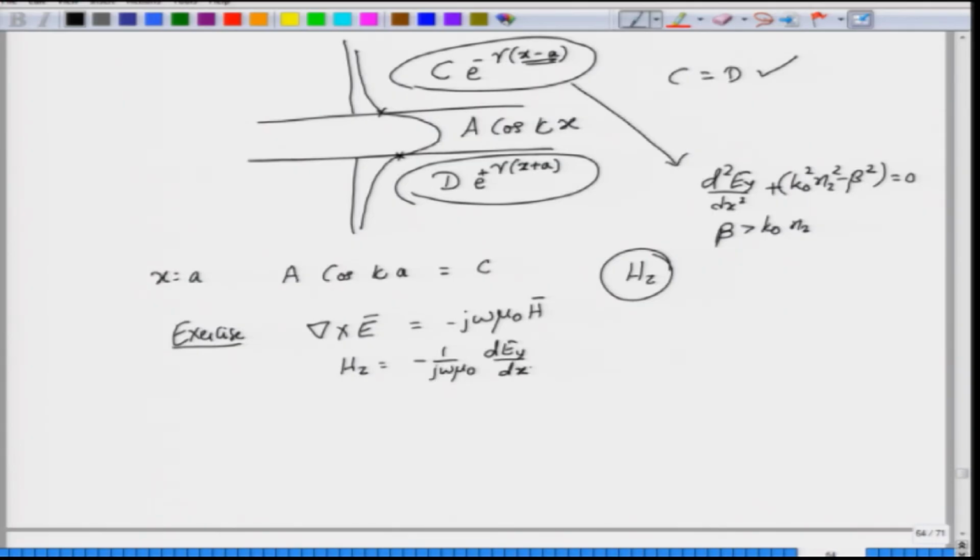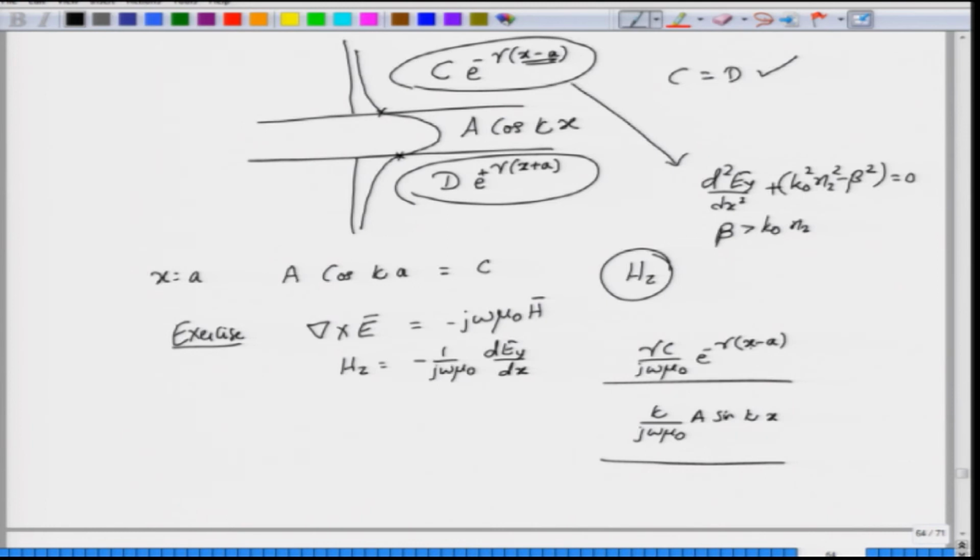So, you can show that this is what you are going to get, and once you know the expression for Hz, and you know the expression for Ey in the core and cladding separately, you can differentiate it. So, for the magnetic field component Hz, you will get a solution which would be kappa by j omega mu naught A sin kappa x, and on the cladding side you get gamma c by j omega mu naught times e to the power minus gamma times x minus a.